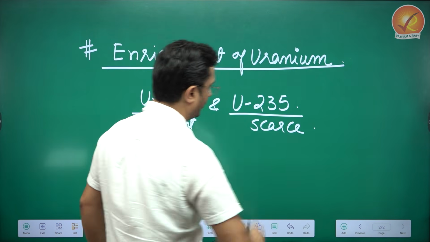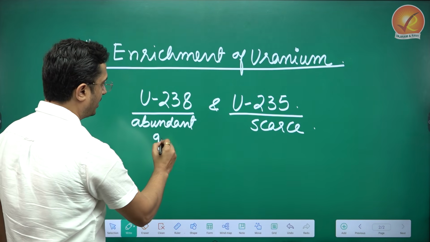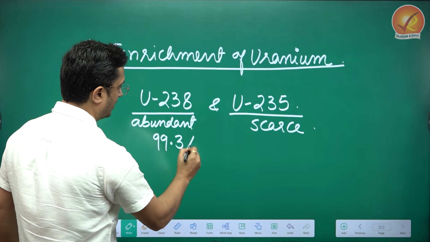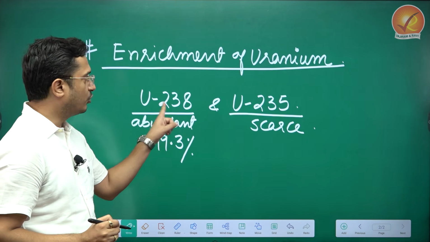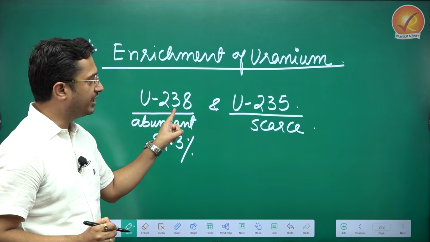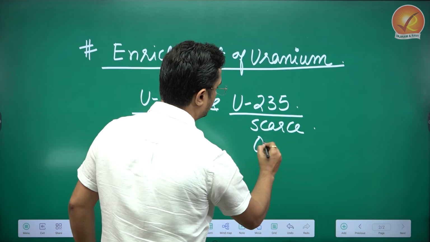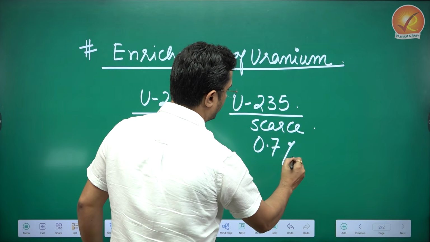Around 99.3% of the atoms in natural uranium are uranium-238, and only a very small percentage, 0.7% of the atoms, are uranium-235.